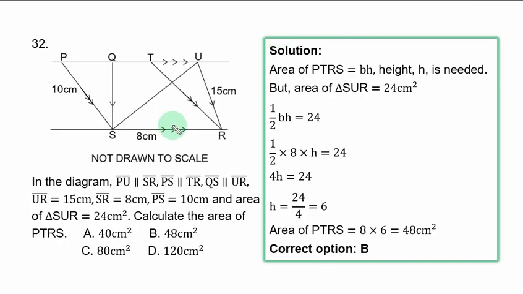Question 32. In the diagram, PU is parallel to SR, PS parallel to TR, QS parallel to UR. UR is 15 cm, SR is 8 cm, PS is 10 cm, and area of triangle SUR is 24 square centimeters.